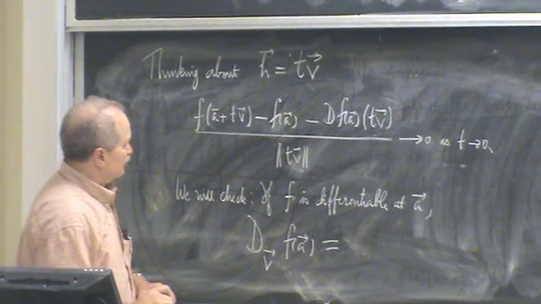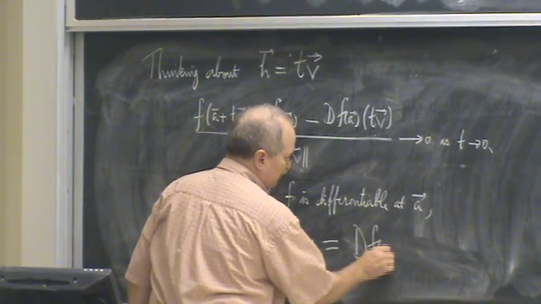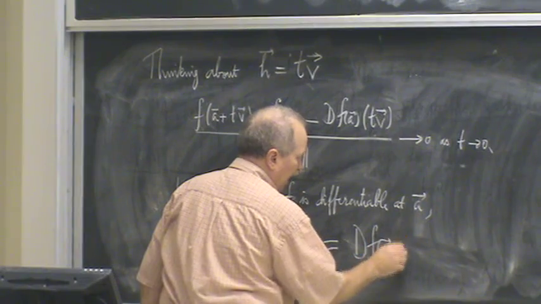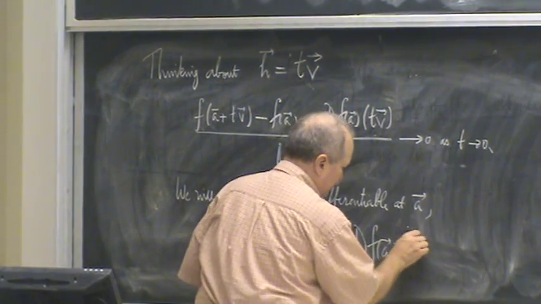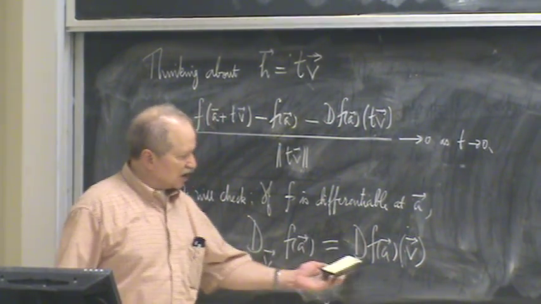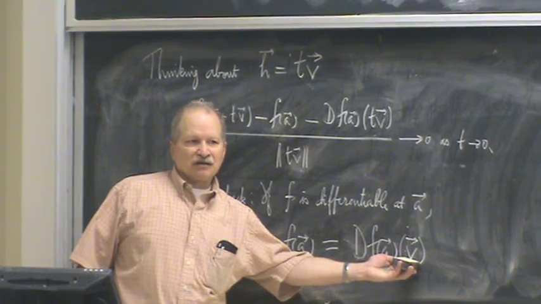It's just going to be the derivative applied to the vector v. You take your derivative matrix, multiply it by v.